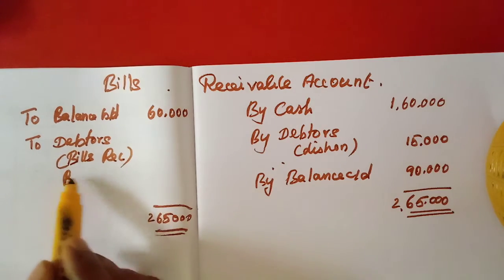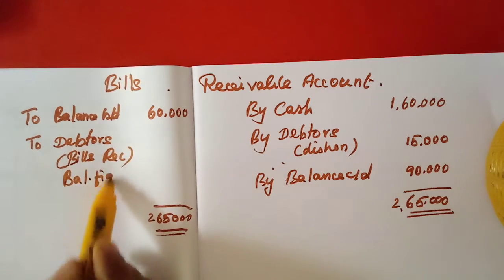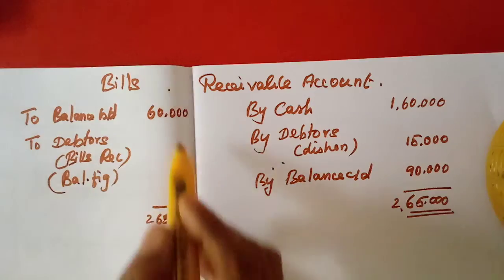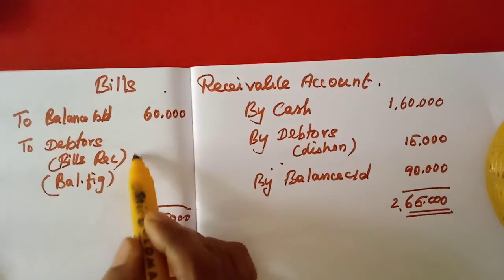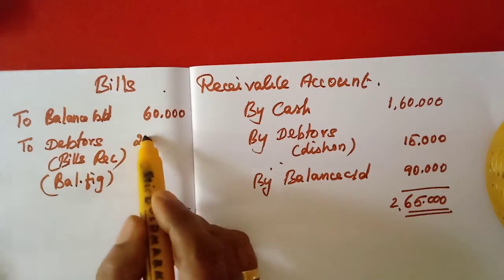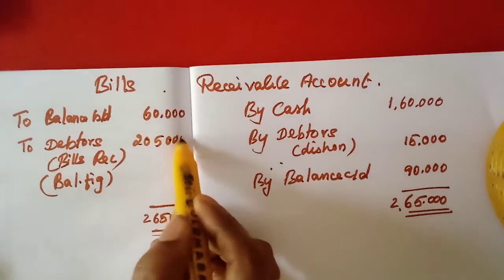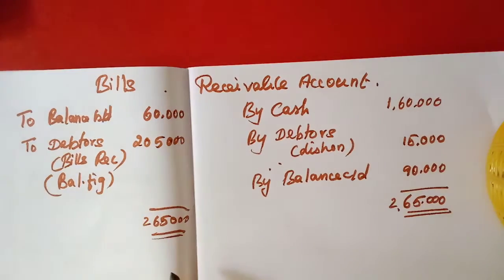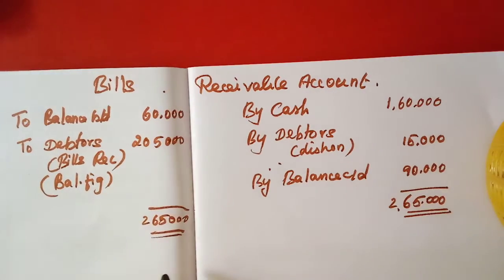Okay, here you can write the balancing figure. Fully you have to write. Now, how much? 2,05,000. 2,65,000, if you deduct 60, it is 2,05,000.